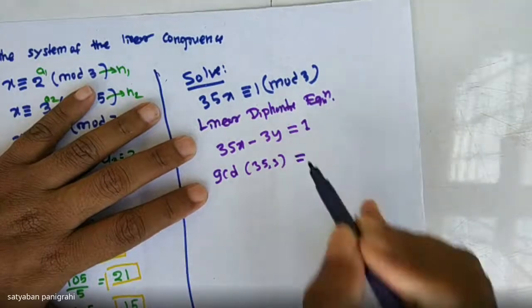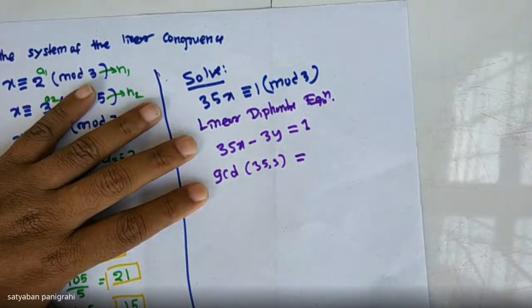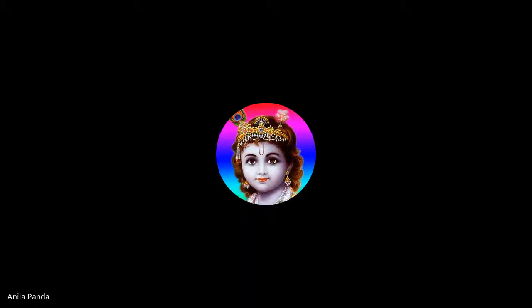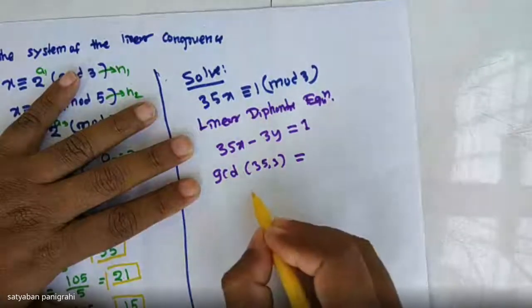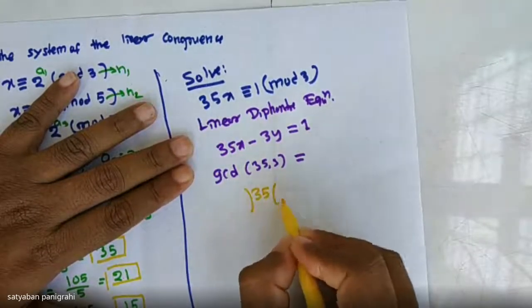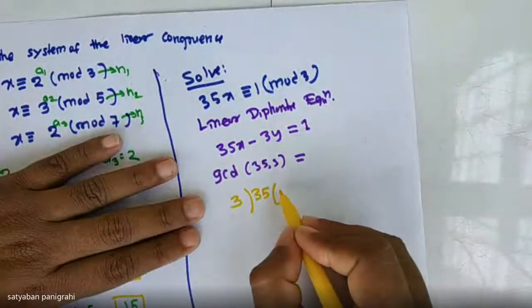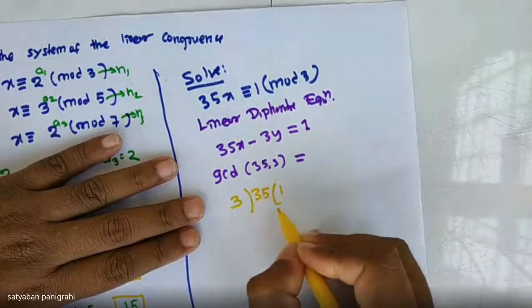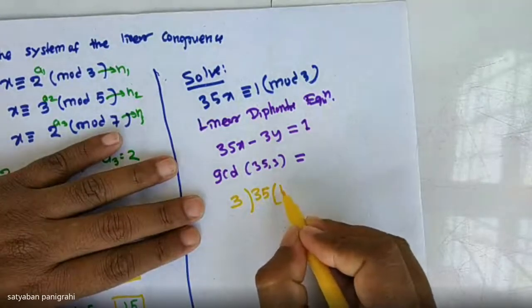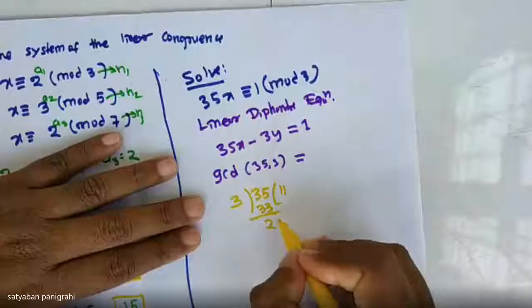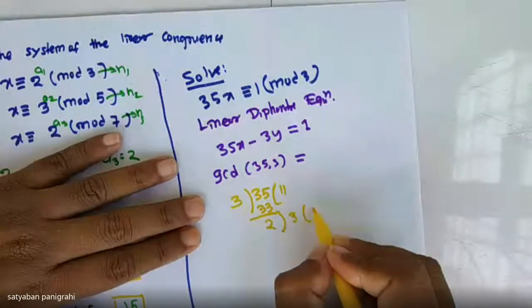Just apply the Euclidean algorithm, sir. The GCD of 35 and 3: apply the Euclidean algorithm. One, sir. Remainder 2, then 3 and 2, remainder 1.